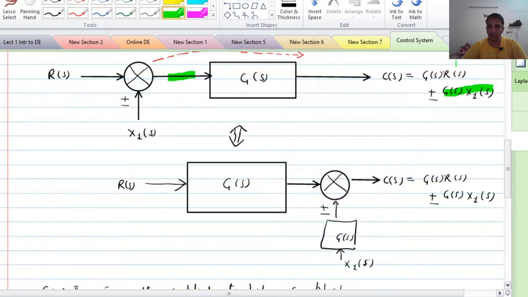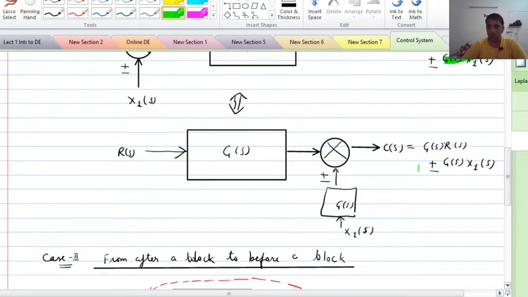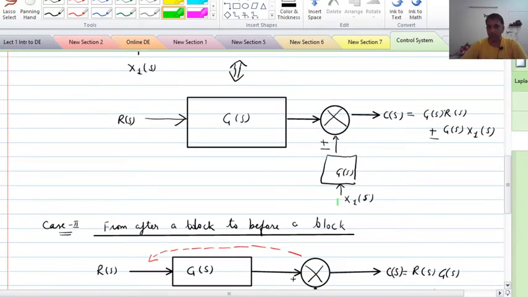The output should not change. In this way we have to add an additional block with the transfer function Gs in the path of X1, so that the output will remain the same.